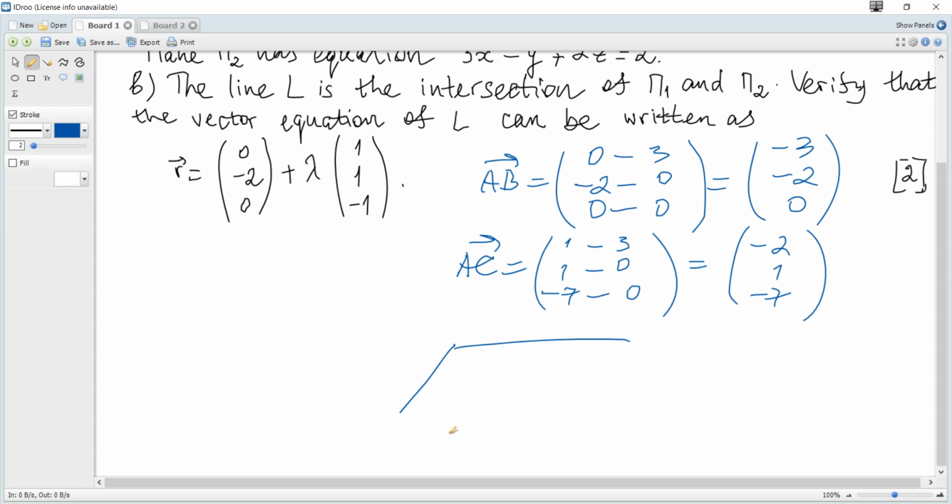So let's consider the AB by AC cross product. To find the cross product, you can use a formula which is given in the data booklet. I use another formula with the determinant of a 3 by 3 matrix.